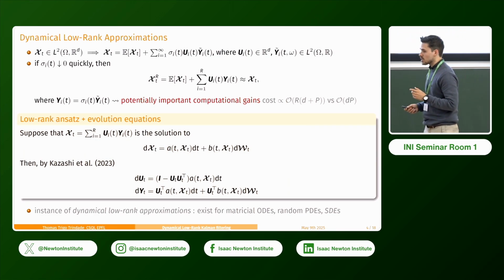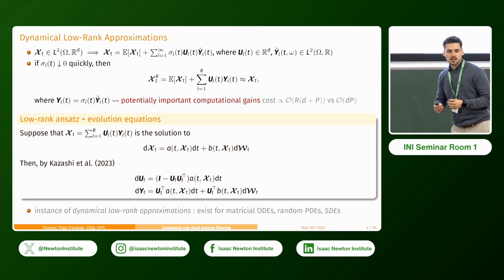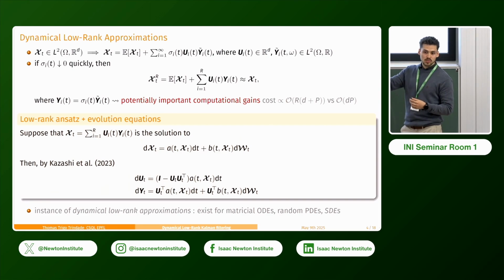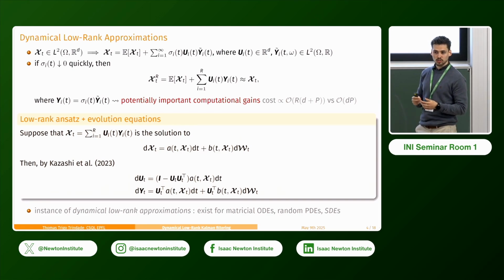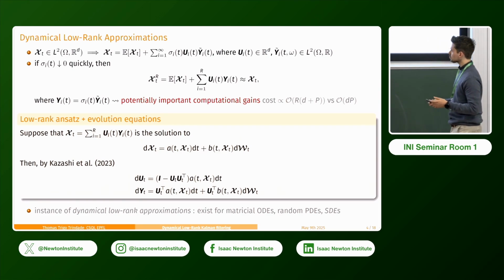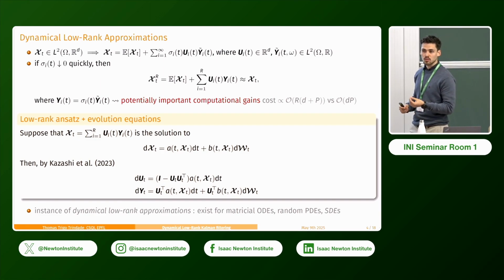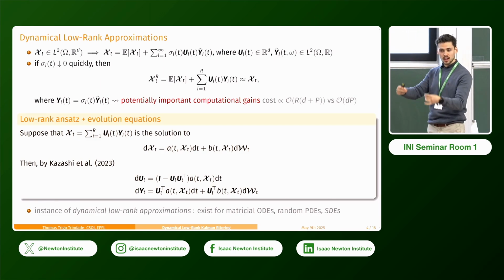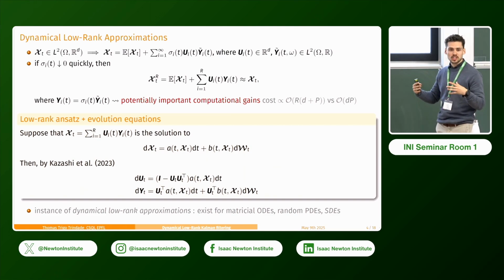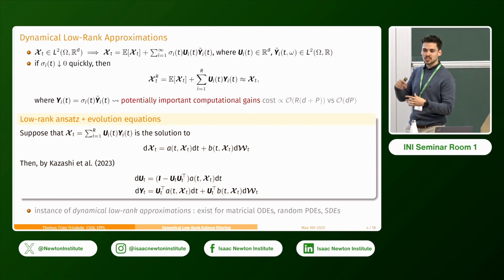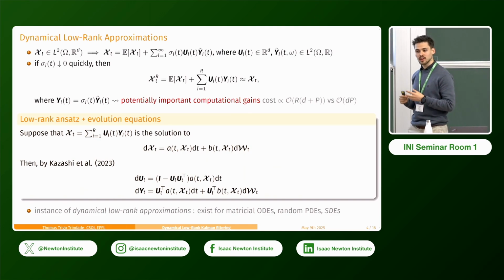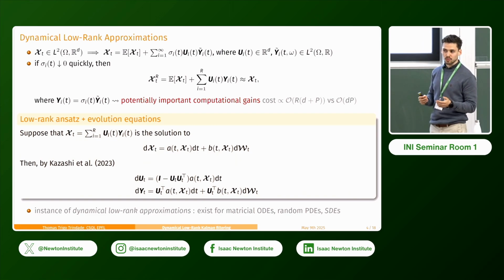This is actually only a part of the story, because you would want to evolve your process in this low rank approximation at all moments in time. And so you need to understand what the dynamics are actually on these modes. You need to understand how the physical and the stochastic modes evolve in time in order to never have to recompose the full object, so you never see this d times p in your equations, because otherwise you've lost.